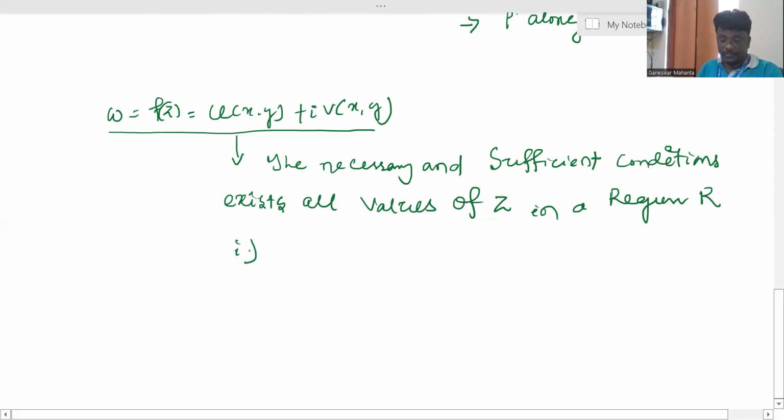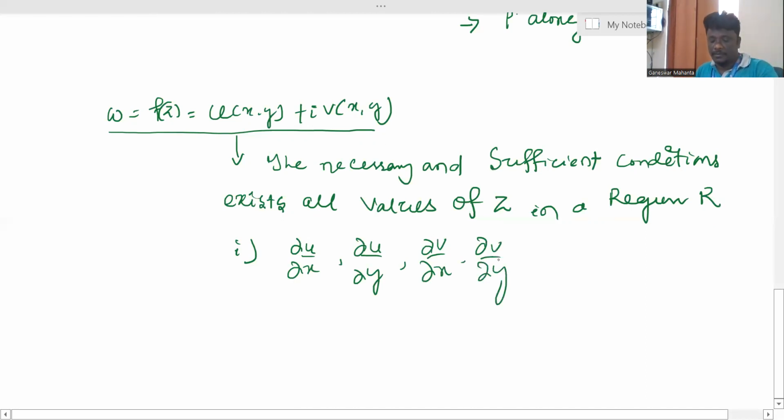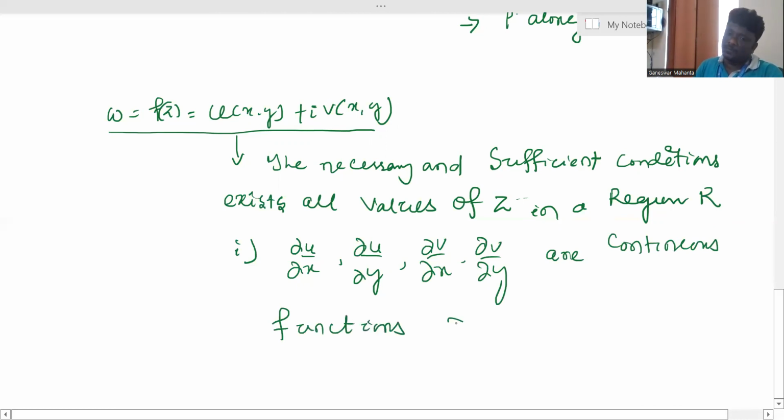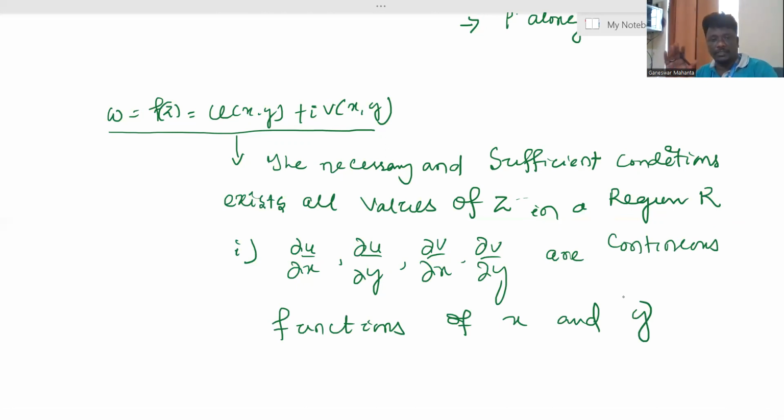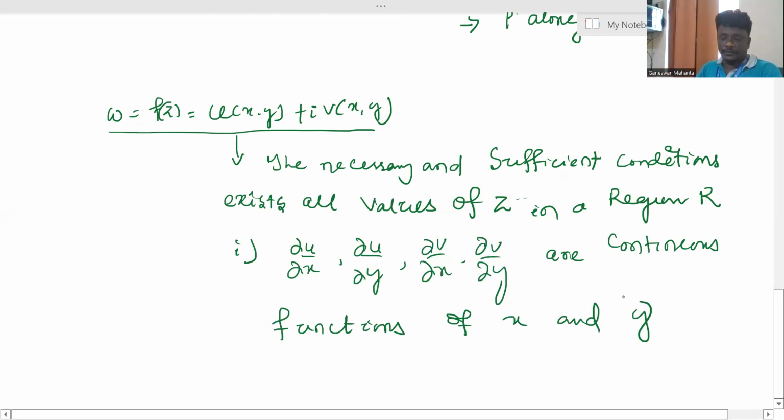The first condition: all the derivatives del u by del x, del u by del y, del v by del x, del v by del y are continuous functions of x and y in the region R. This is the first condition.